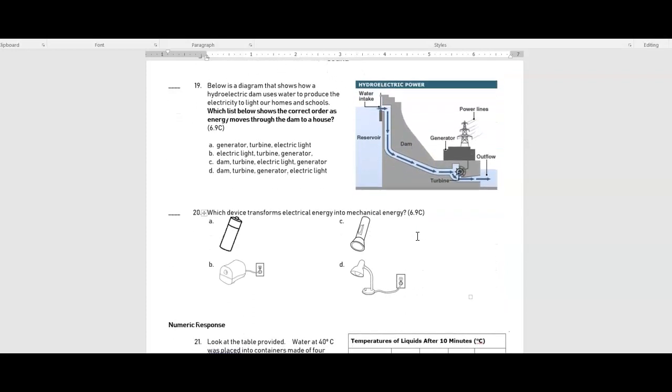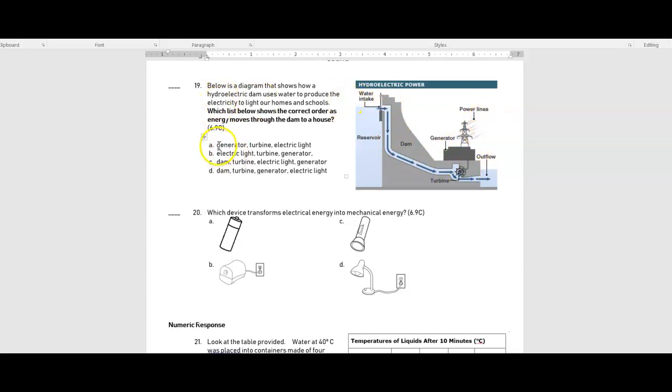All right, number 19. Below is a diagram that shows how a hydroelectric dam uses water to produce the electricity to light our homes and schools. Which list below shows the correct order as energy moves through the dam to a house? So we're starting here, we're going here, we're going here, up to here, and that way to the house, okay? So you can kind of see the arrows there.